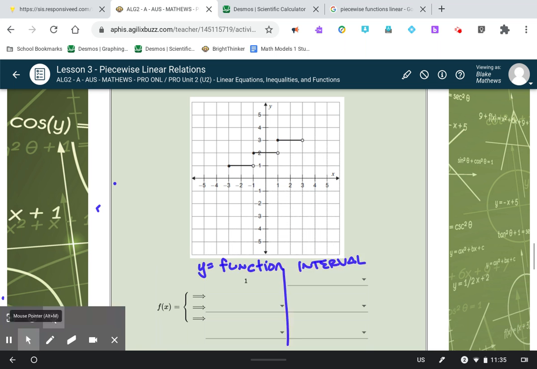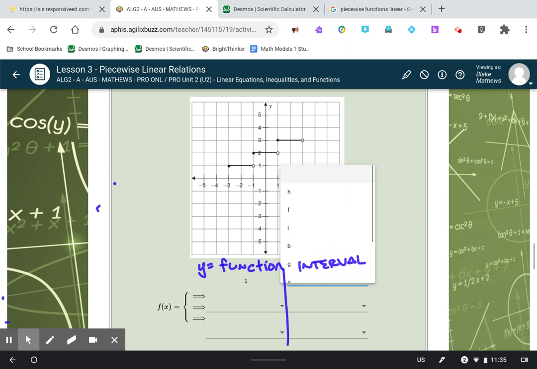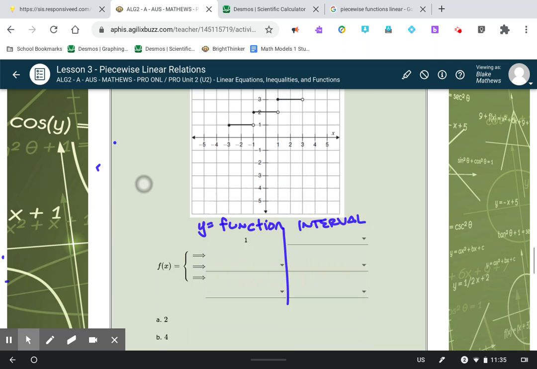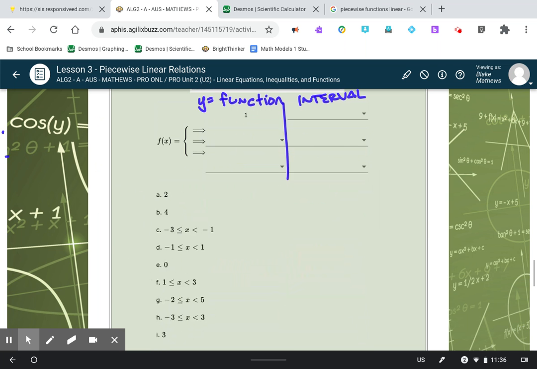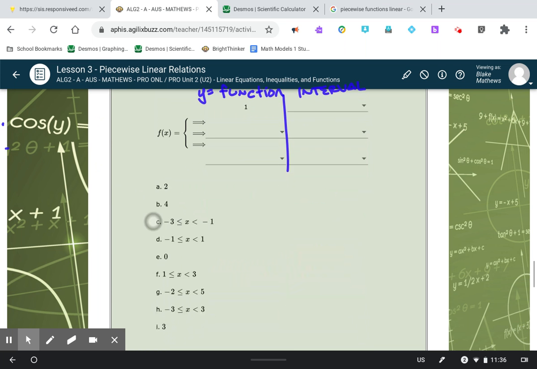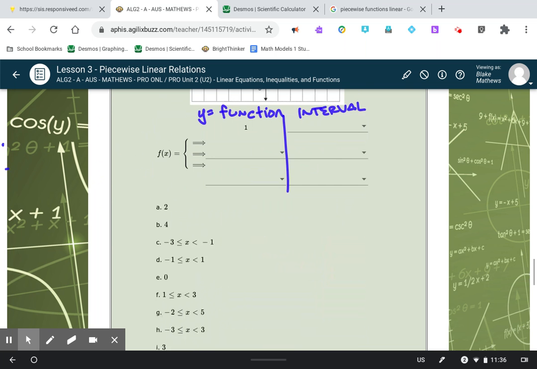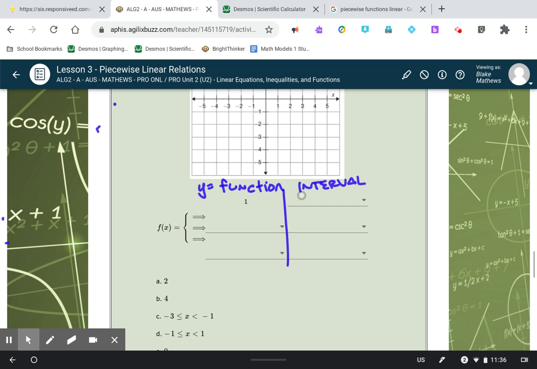We already said that the first part of the equation has a value of 1, and that's because it stays along 1. What interval does it go from? It looks like, for me, it goes from -3 to 1. So we look down here and see that -3 to -1 is answer choice C.